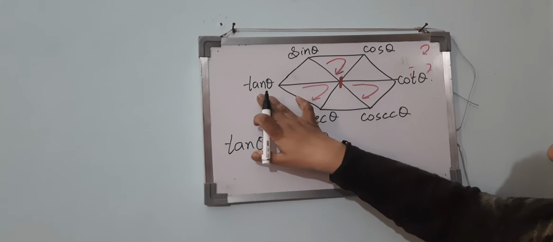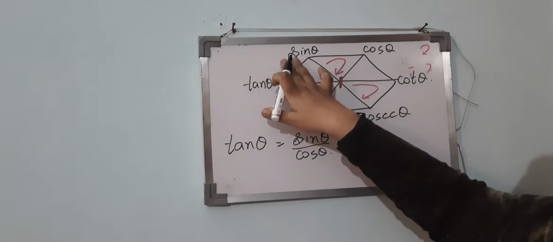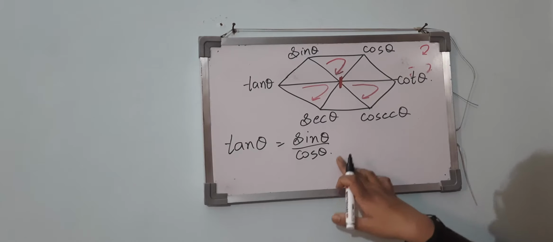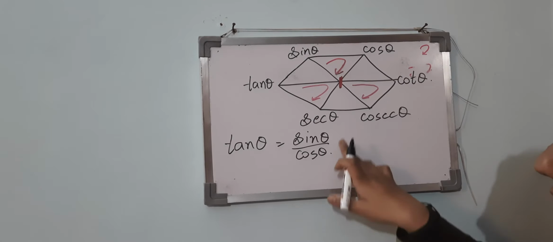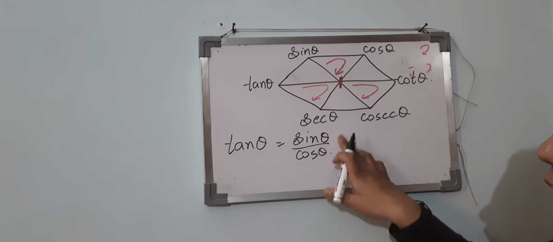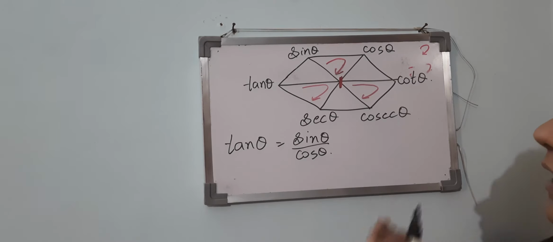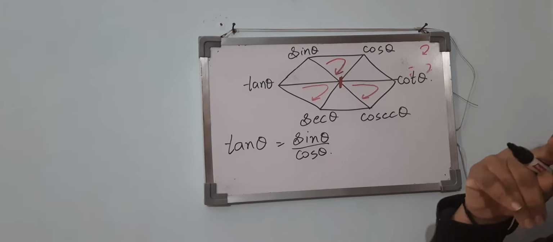If I take tan theta, then write the other two trigonometric identities as numerator and denominator, you will get the tan identity.